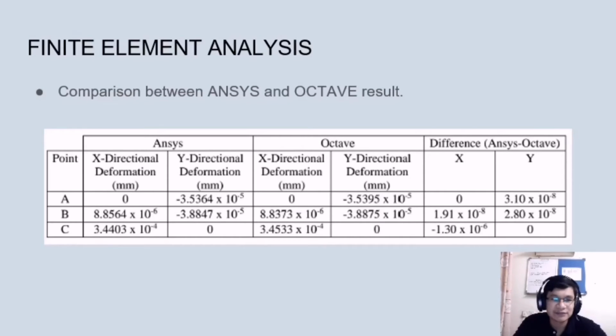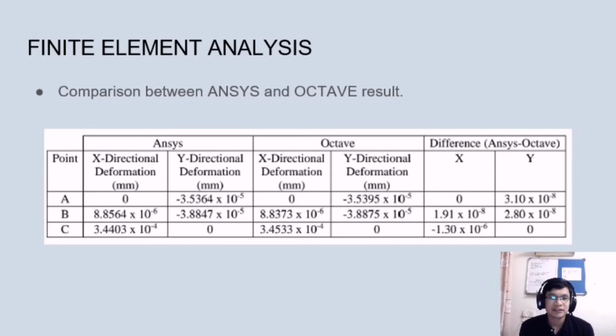In ANSYS at point A, there are 2 values, x and y directional deformation. At point A, x directional deformation is equal to 0. At point B, 8.8564 times 10 to the power of negative 6. And at point C, 3.4403 times 10 to the power of negative 4.